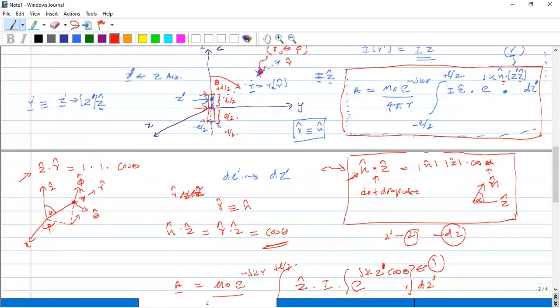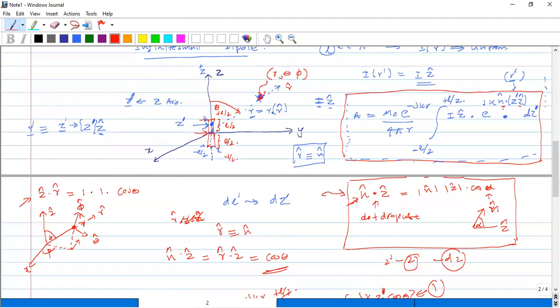The magnetic vector potential due to this current distribution, this infinitesimal antenna, is in the z direction, not in the n direction. The n direction is r hat, but the magnetic vector potential is in z hat.